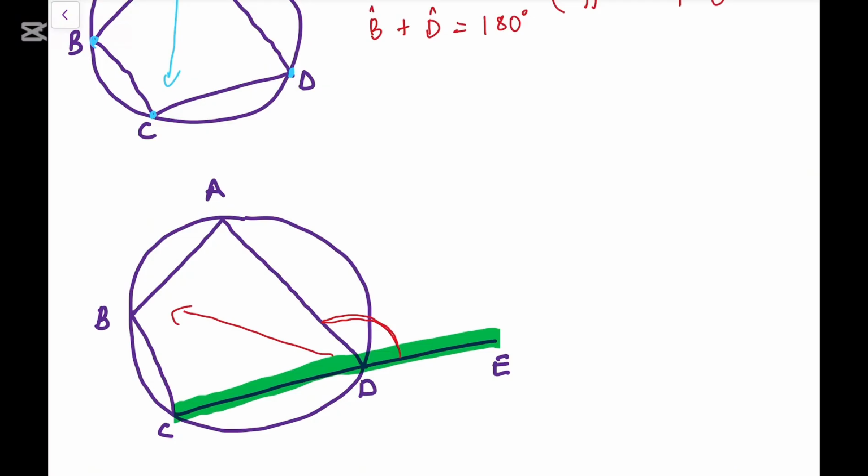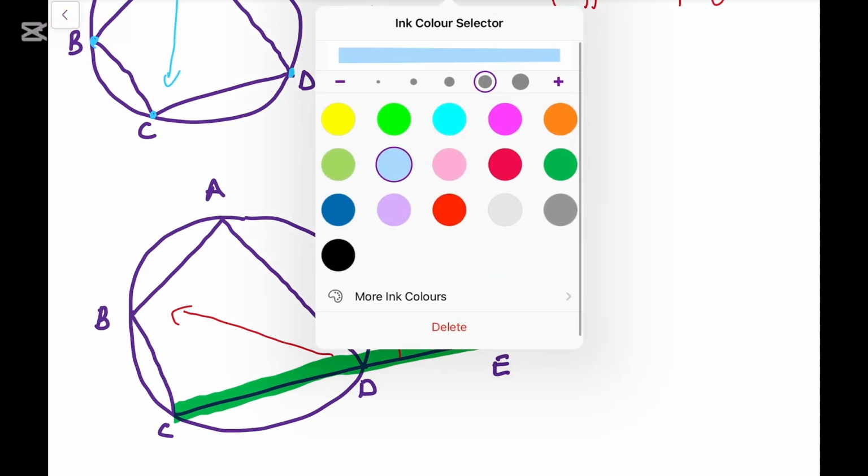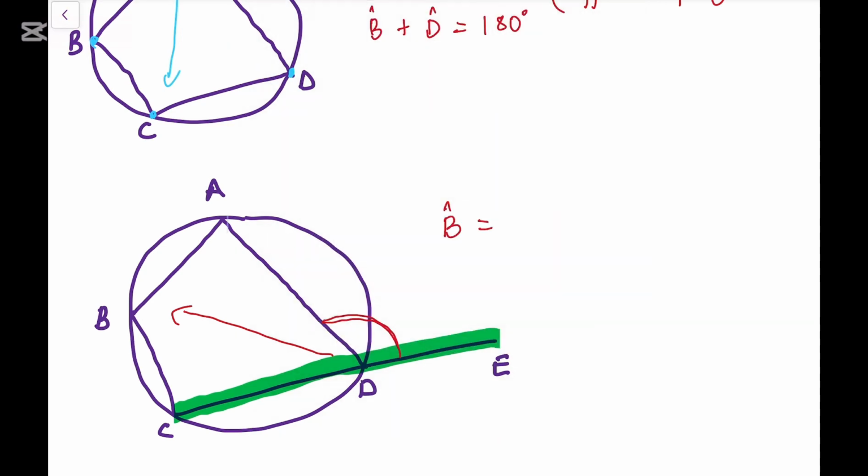So angle B will be equal to angle ADE. This exterior angle is angle ADE.